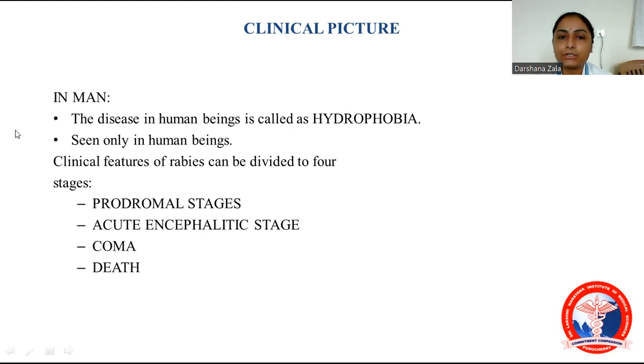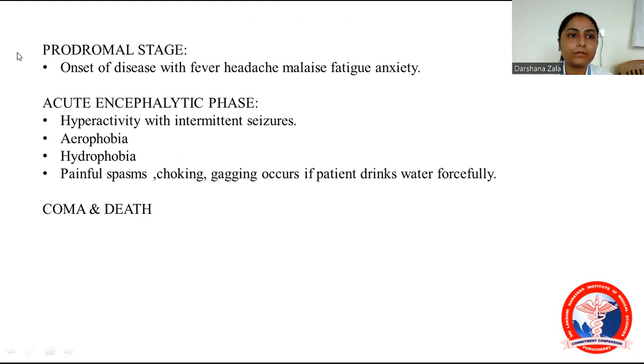So the patient won't be able to drink water, and we have to be very careful about the hydration of the patient. In men, the clinical feature is divided into four stages: prodromal stage, acute encephalitic stage, coma, and death. So we'll see all the stages one by one.